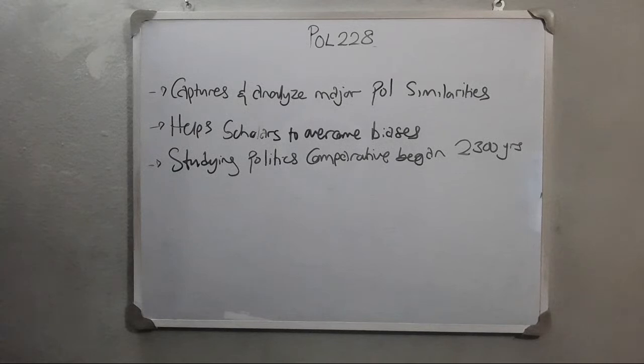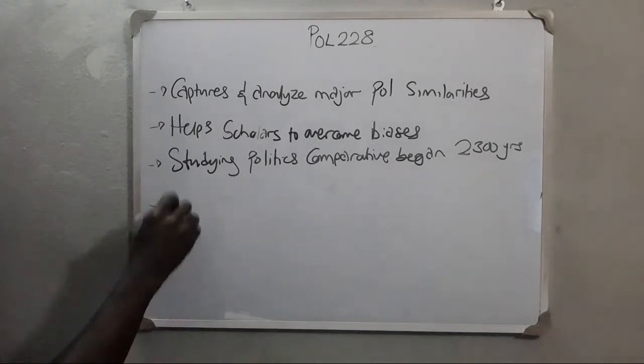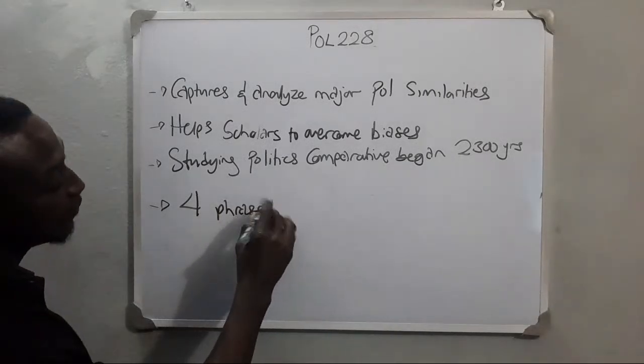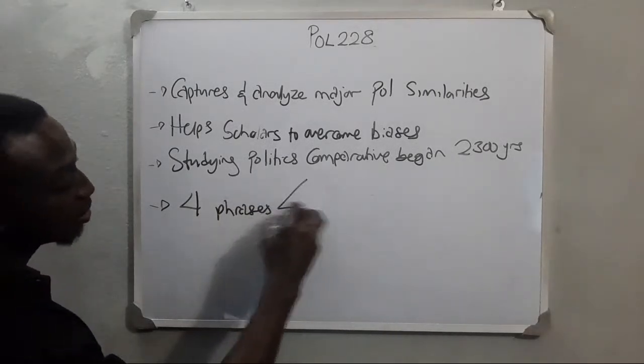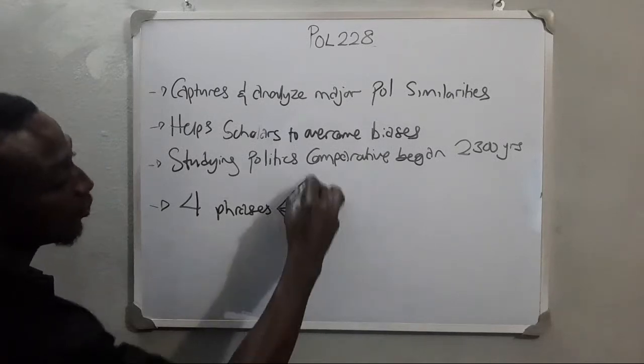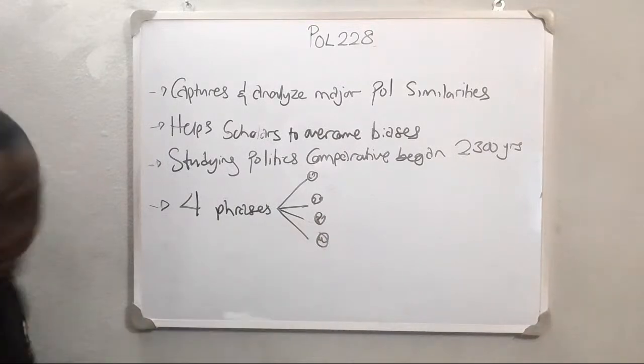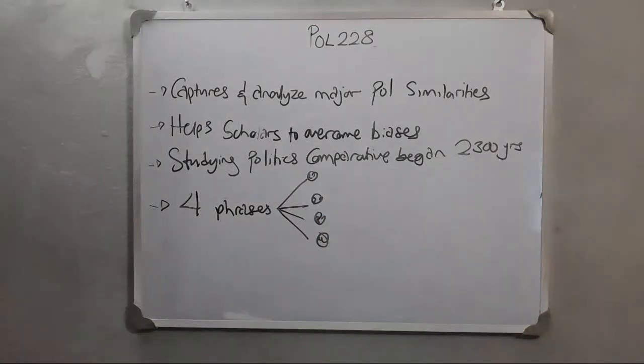Now, four phases or epochs were introduced: one, two, three, four.